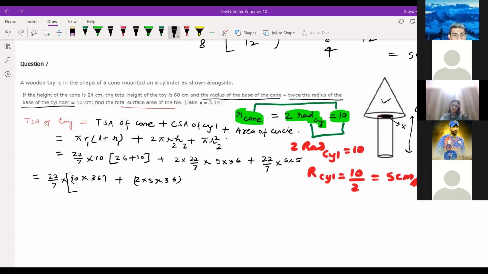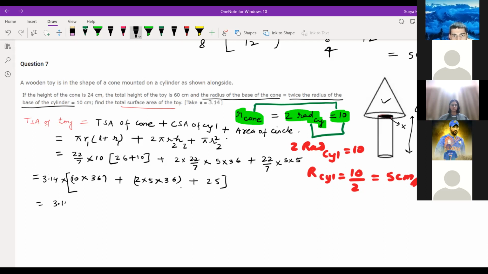2260.8, yes. And here you have to take pi as 3.14. In this they are saying you should take 3.14. So here you can write 3.14. 10 into 36 plus 2 into 5 into 36 plus 25.